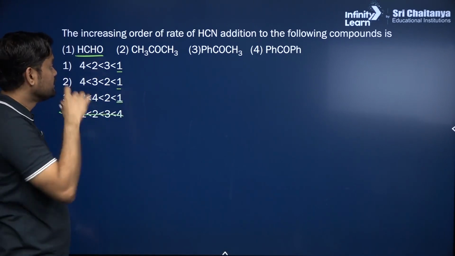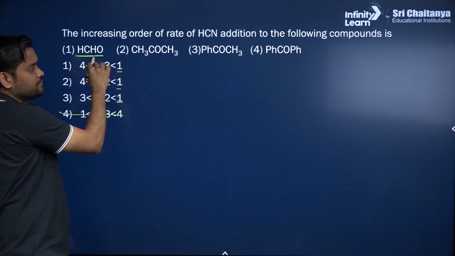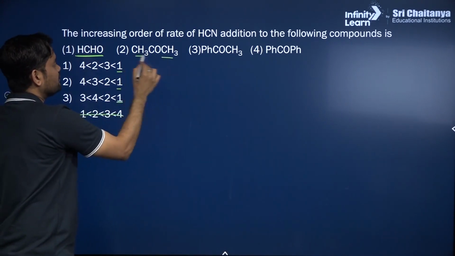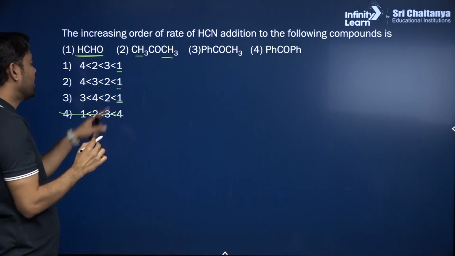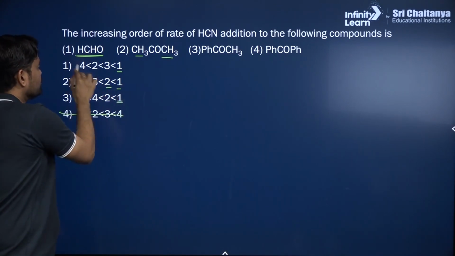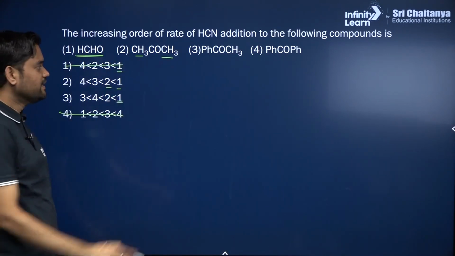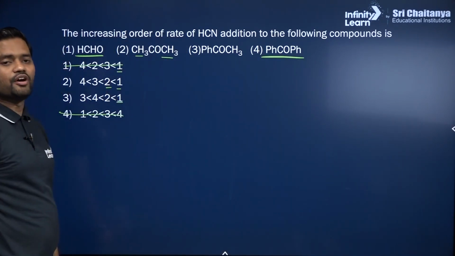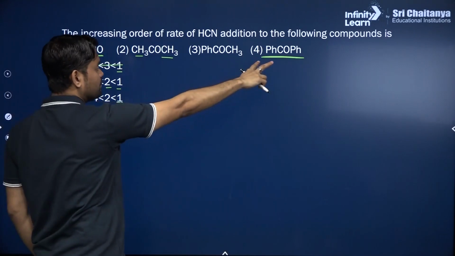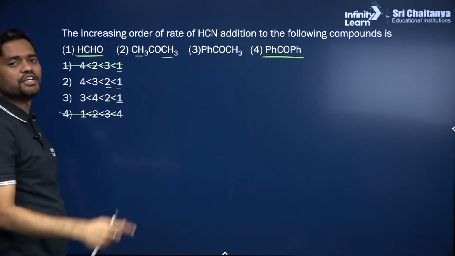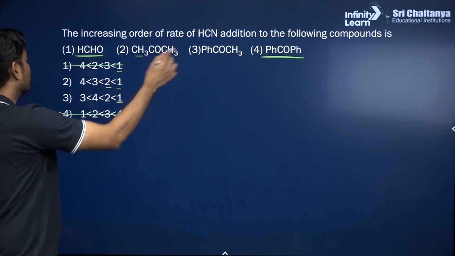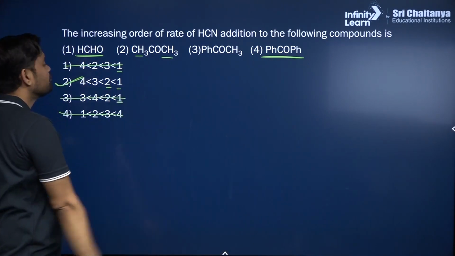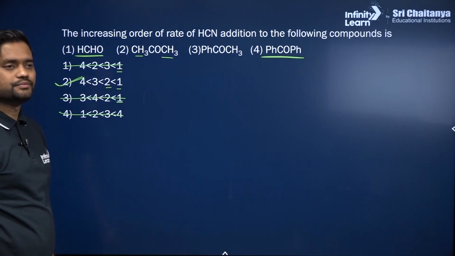After aldehyde we have ketones, so it will be this; after 1 it will be 2, so we can eliminate this. The least reactive one is this, because there are 2 withdrawing groups over here, and it's in conjugation with 2 benzene rings. So the fourth one goes with option 2. Option 3 is gone. Clear?